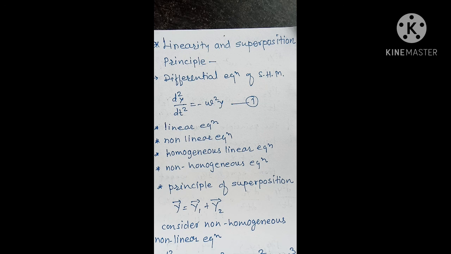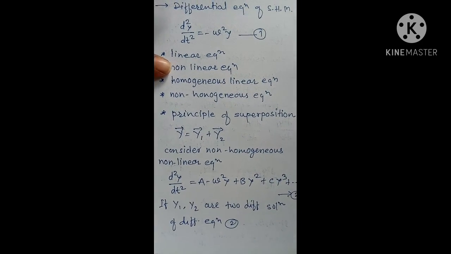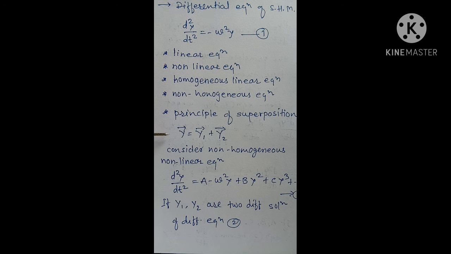Therefore, we can write the equation for resultant displacement: vector y is equal to vector y1 plus vector y2.